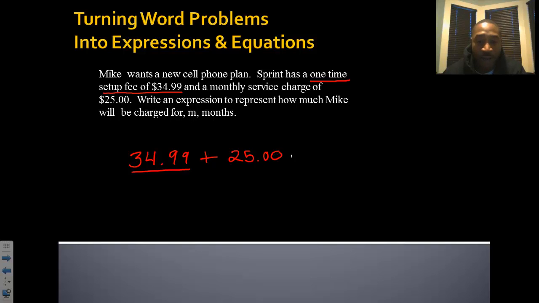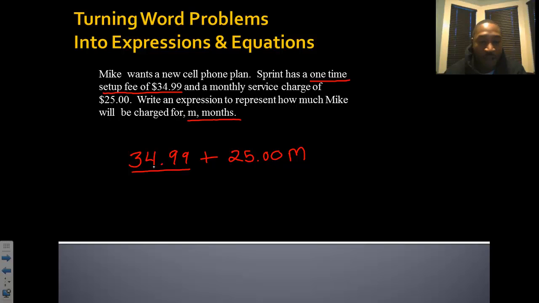So what can I do here? This is where our marriage comes back into play. I could say 34.99 plus 25M. As we know, in the problem, M stands for months. So what exactly do we have here? Okay, so once again, I have a one-time setup fee, $34.99.